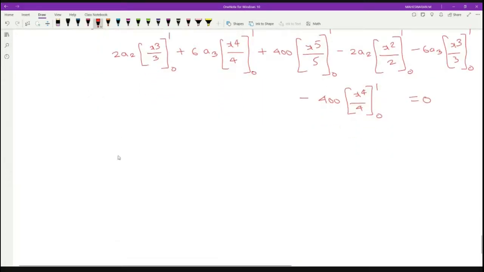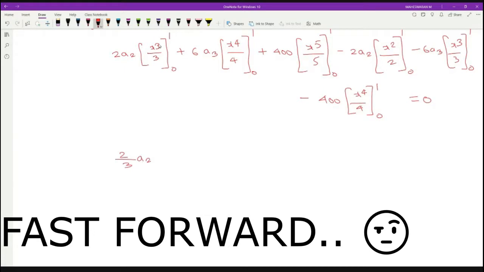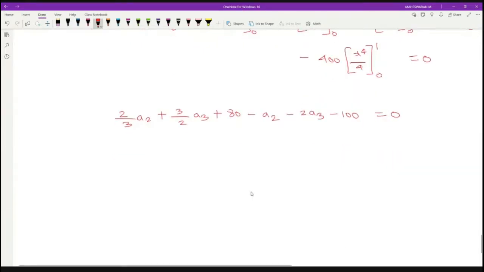So what I'll get? I'll get 2 by 3 a2 when I substitute it, plus 3 by 2 a3, plus 400 by 5, which is 80, minus a2, minus 3a3, minus 100, so this is equal to 0. Right. So a2 now you can combine.